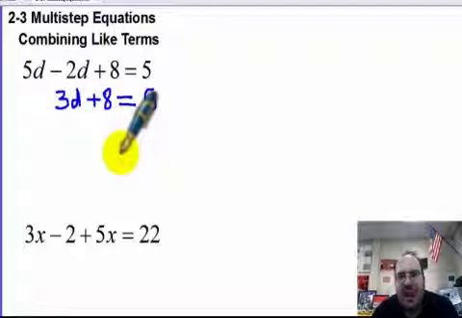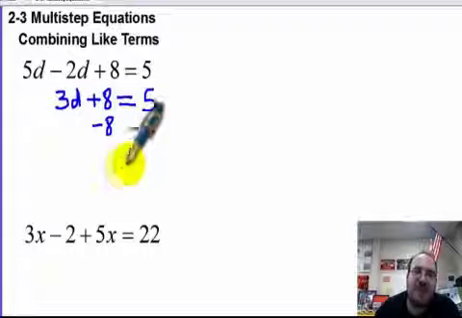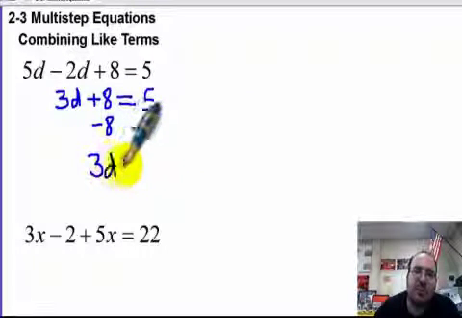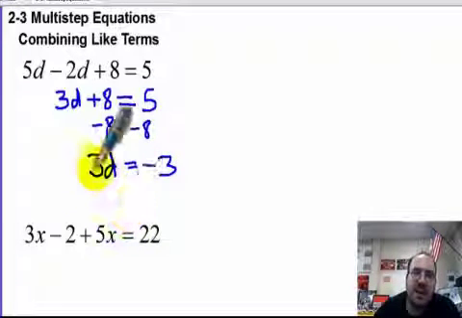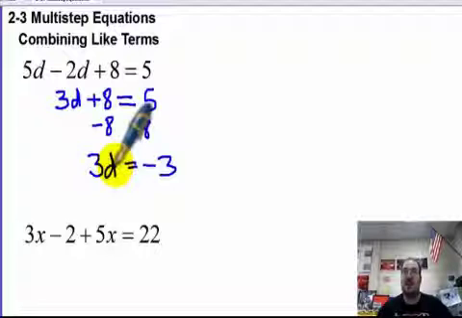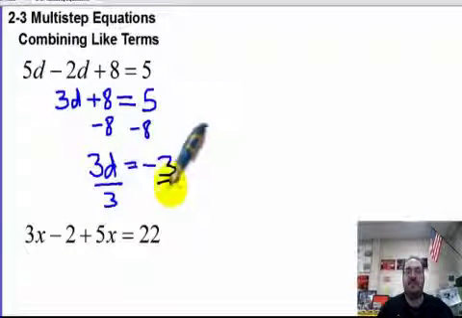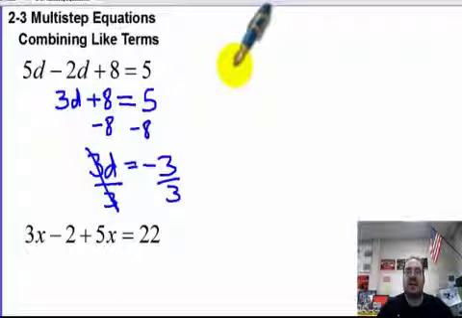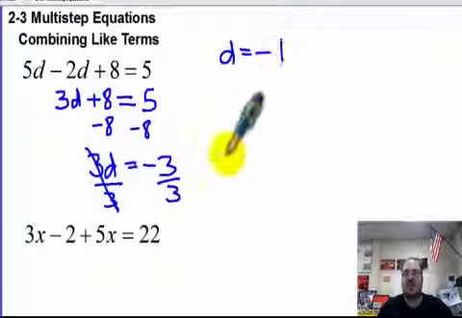And now I have a two-step problem. So I'm going to subtract 8 from both sides and get 3D equals negative 3. And then the opposite of multiply by 3 is to divide by 3. So I will do that. And the 3's cancel, and I get D equals negative 3 divided by 3, which is negative 1 here.